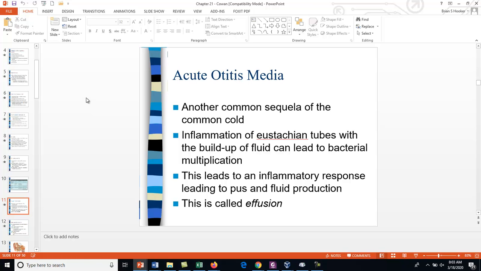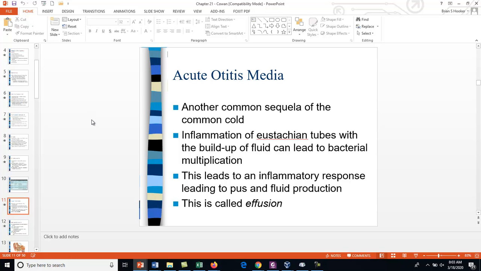Otitis media is just another name for ear infection. And this is a common sequela. Remember, sequela just means that it's a disease that follows. And so this is a disease that follows a common cold. When your system gets run down from the cold, then that can lead to an ear infection.